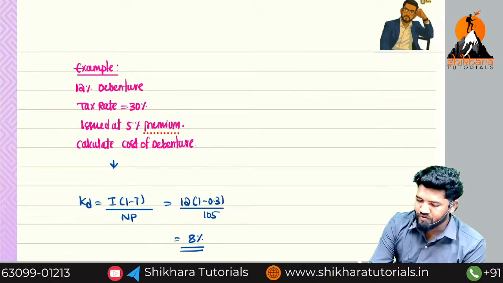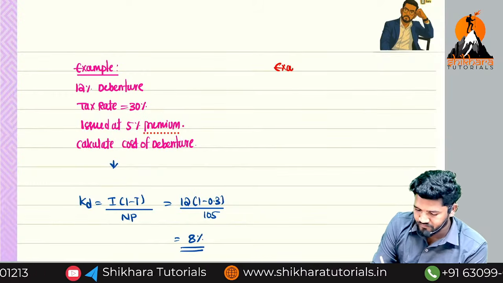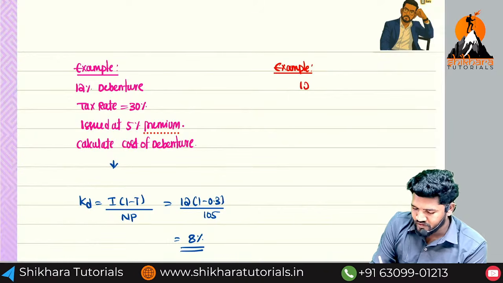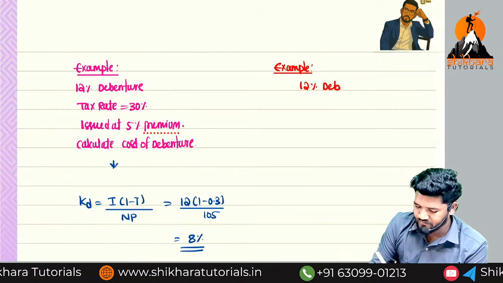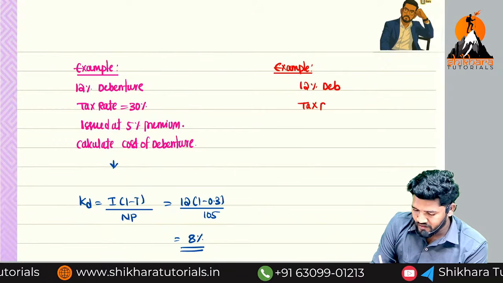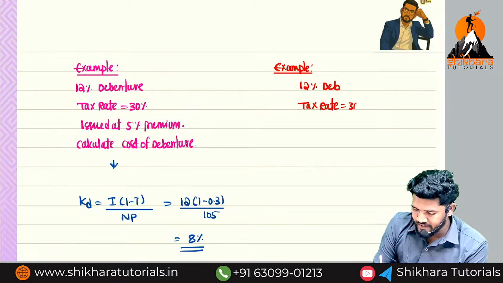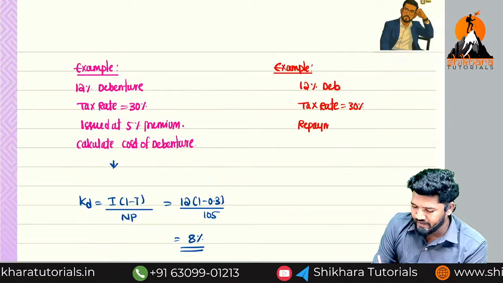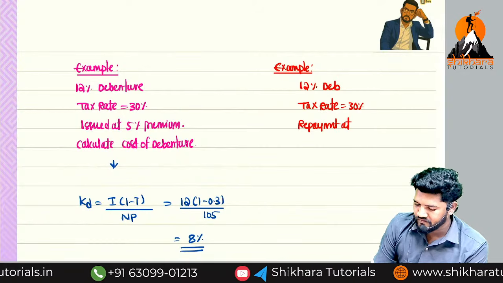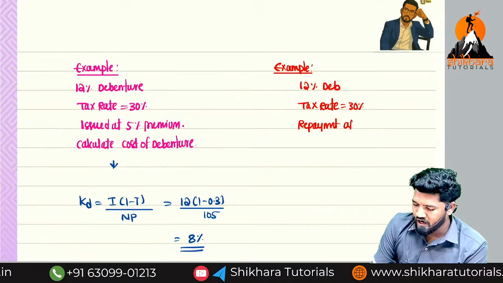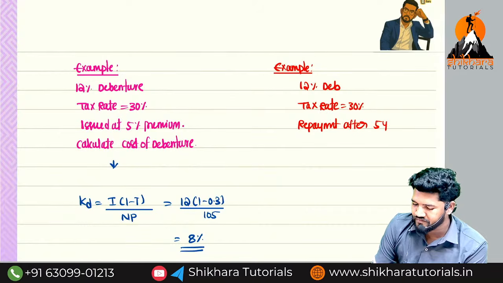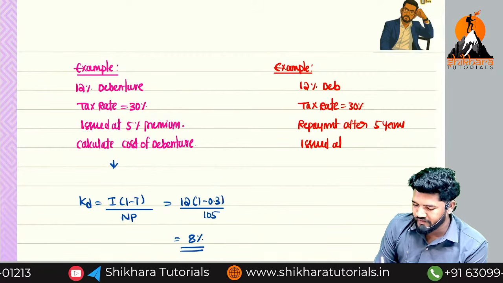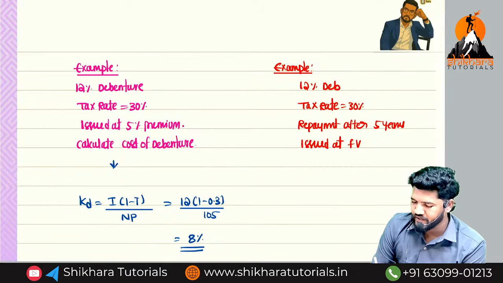Come to this example. 12% debenture, tax rate 30%, repayment after 5 years, issued at face value.